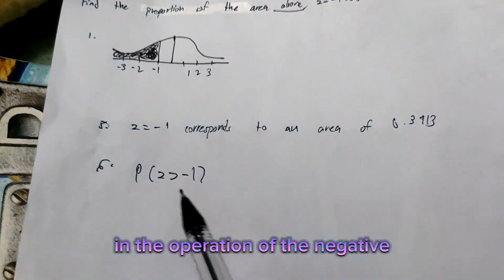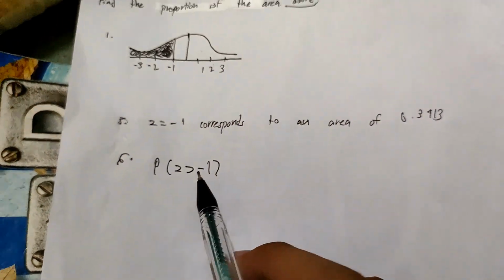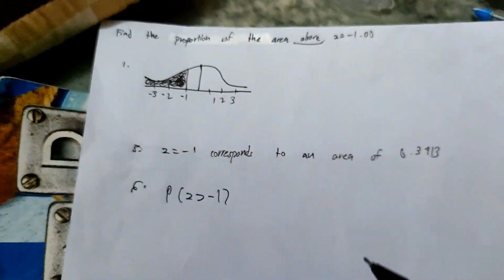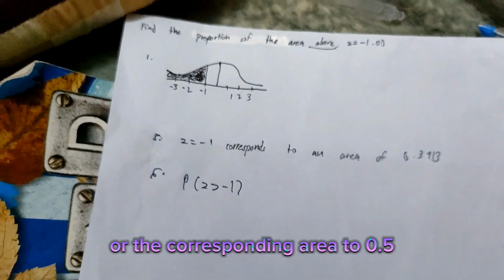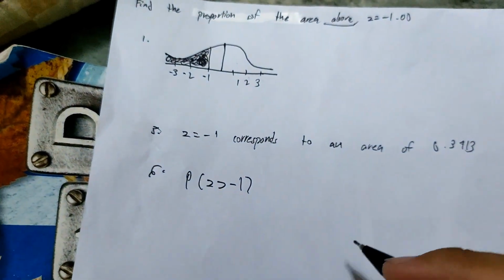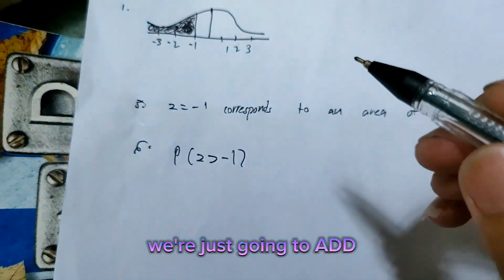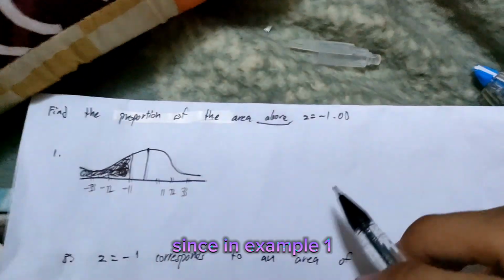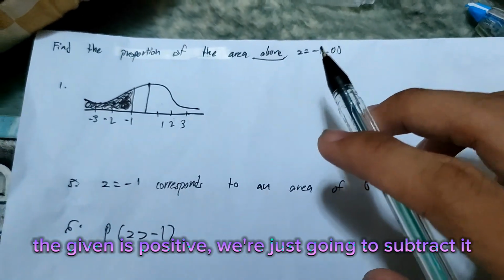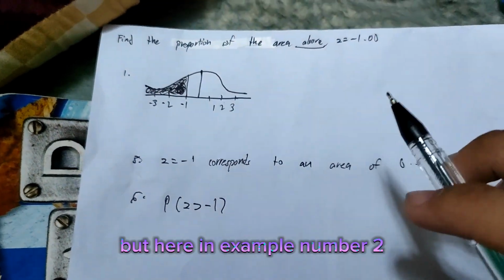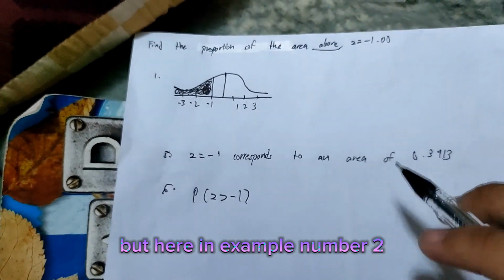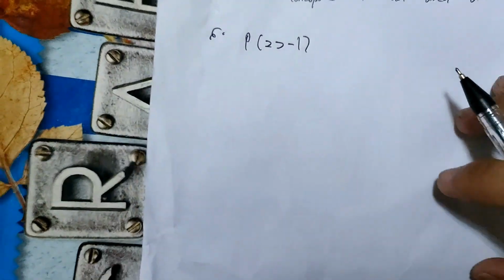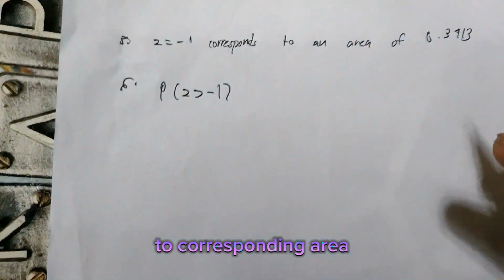In the operation for the negative, we are just going to add the corresponding area to 0.5, not like in example 1. Since in example 1 the given is positive, we subtract it. But here in example 2, since this is negative, we add the corresponding area to 0.5.